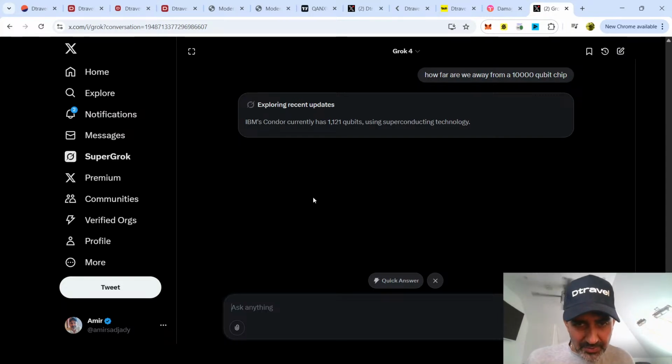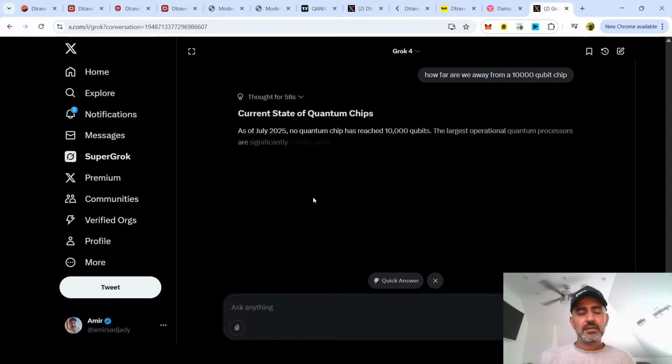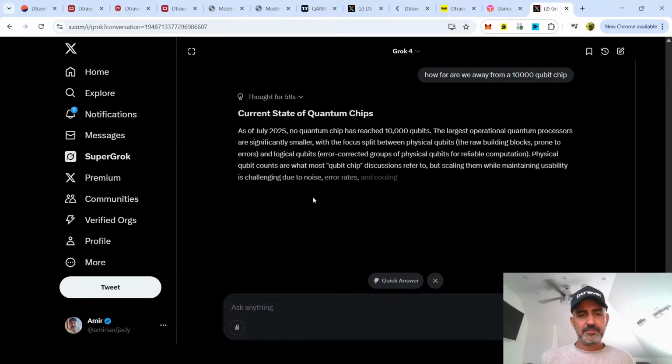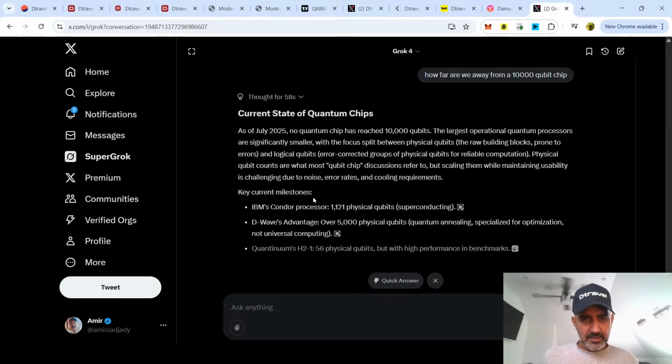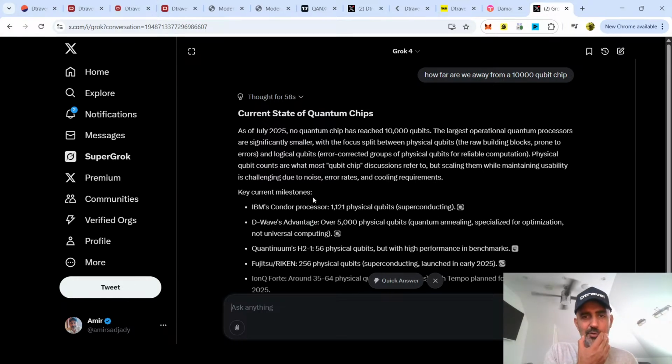So IBM has 1,121 qubits using superconducting technology. So the technology is not accessible. So look, read this. Let me see how long this is. If it's long, I'm not going to read it. As of July 25, no quantum chip has reached 10,000 qubits.